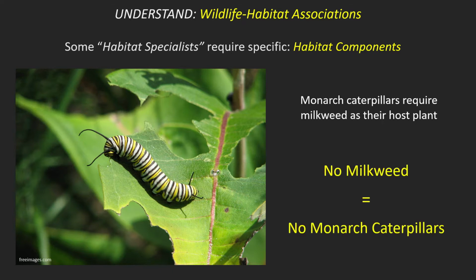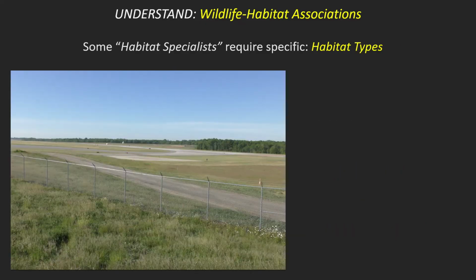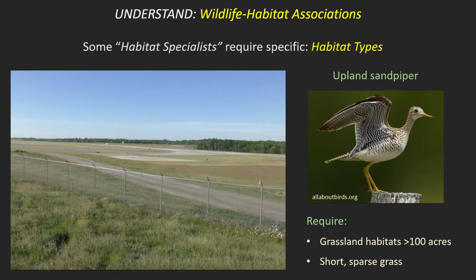For example, monarch caterpillars require milkweed as their host plant, so a field without milkweed is a field without monarch caterpillars. Some species are habitat specialists that only occur in a very specific habitat type. One of the best examples in New England is the upland sandpiper that occurs only in short grass fields greater than 100 acres in size.